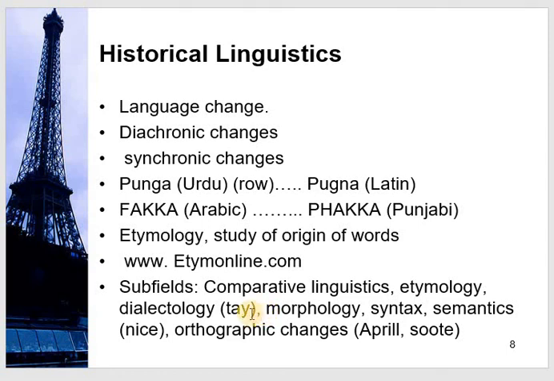It is pronounced in the Irish dialect as te. Morphology, the study of words. Syntax, the study of the order of words in a sentence. Semantics is the study of meanings of words.